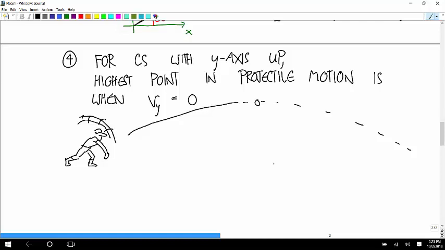So if the velocity was equal to 0 at the highest point, then at that instant, the ball is not moving at all. That's supposed to be you. It looks a little like you. Okay, that's supposed to be a person, maybe a small kid.